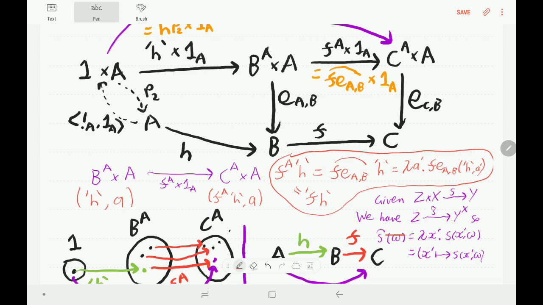Well, when it works on some member W of Z, what it gives us is this ready-to-evaluate function, which is ready to take in an X dash and give out S of X dash comma W.